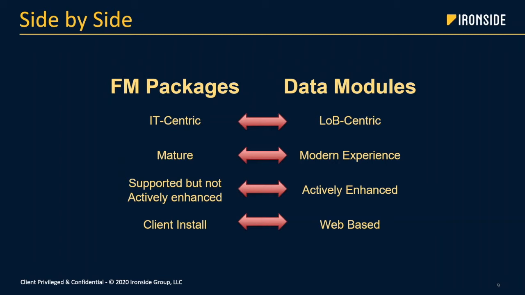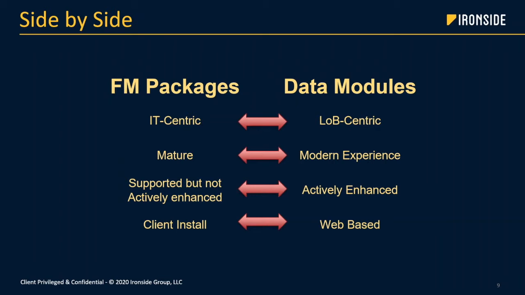FM is mature. It's been around for longer than I've been working with Cognos, barely, a little bit. So it's kind of that classic feel of a data modeling tool, whereas the data modules offer kind of a new experience. It's more on par with some of the competitors out there, and it's actually quite intuitive once you start digging into it.